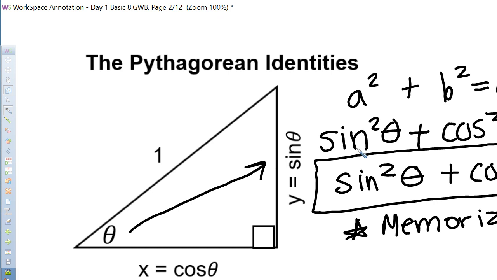Now, from the Pythagorean identity, we can derive other versions of the Pythagorean identity. So, starting with that Pythagorean identity, I'm just going to use sine squared plus cosine squared equals 1. I'm going to drop off the angle theta. Now, I could divide all 3 of these by sine squared.